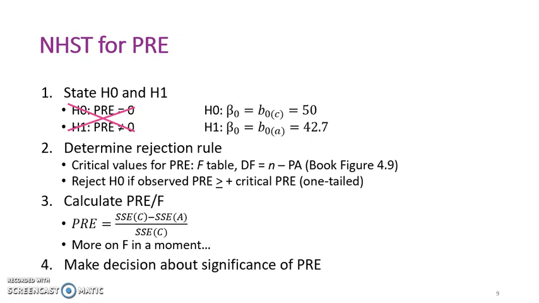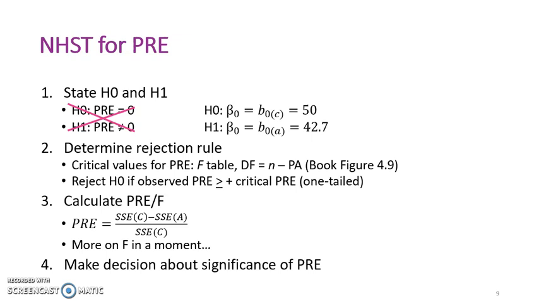The second step we know for NHST in general is to determine the rejection rule. Now, because PRE has a sampling distribution just like the mean, we actually can calculate critical values for PRE. And we can get those values using an F table, and also there's the table in your book. To do this, we need degrees of freedom, and each model will have a different degrees of freedom. So the degrees of freedom are the total number of scores minus the actual number of parameters for model A, the augmented model.